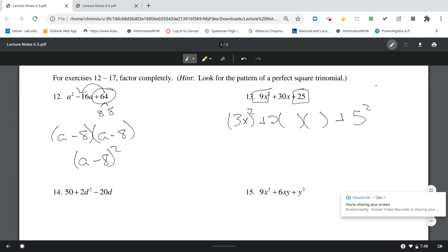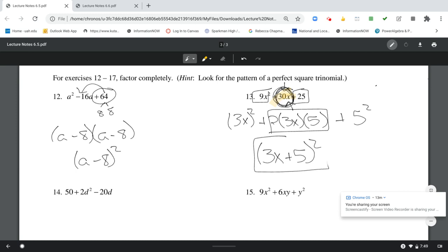Now, to get the number in the middle, to get that 30x right there, I need to take the 3x and the 5. If all of this multiplies up to 30, then I have a perfect square, and I can write it as 3x plus 5 squared. Well, 2 times 3 is 6, and 6 times 5 does indeed give me 30 in the middle. So therefore, my answer is 3x plus 5 squared.